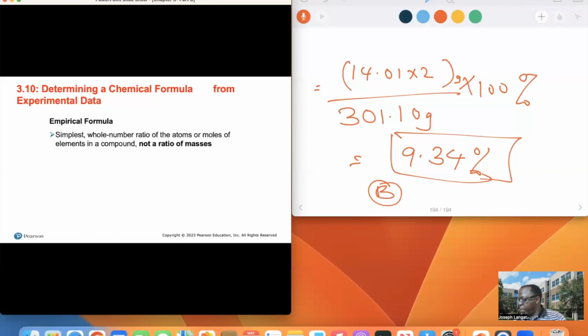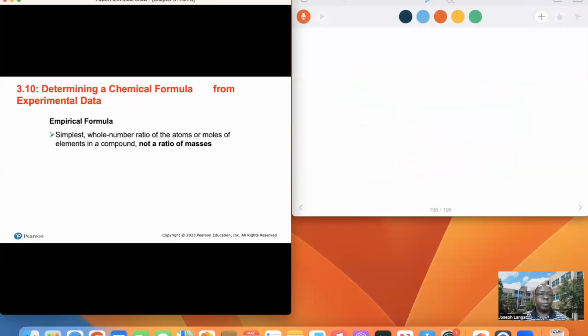Let's see the empirical formula. You should be able to define this. Empirical formula is simply the simplest whole number ratio of atoms of an element in a compound. Not a ratio of masses, but a ratio of moles.